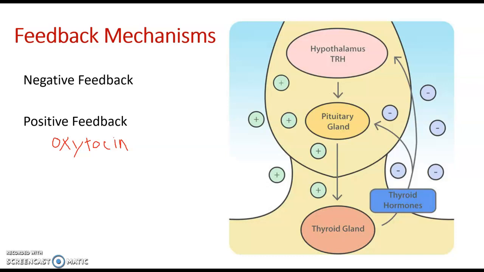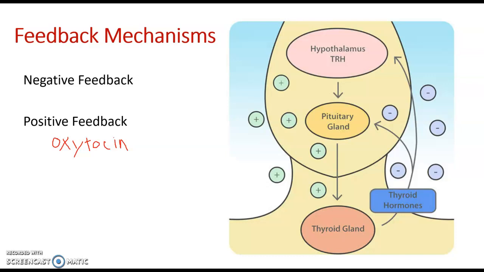What happens with a negative feedback is once that hormone level starts to rise, there's more of it, that's going to be the stimulus to cause the hormone to stop being released. So the presence of the hormone itself, or the increasing concentration of the hormone itself, is going to cause it to stop being produced. That's a negative feedback mechanism.